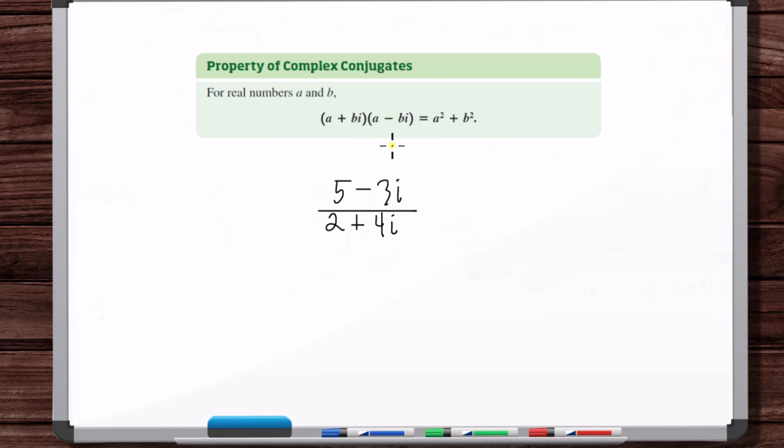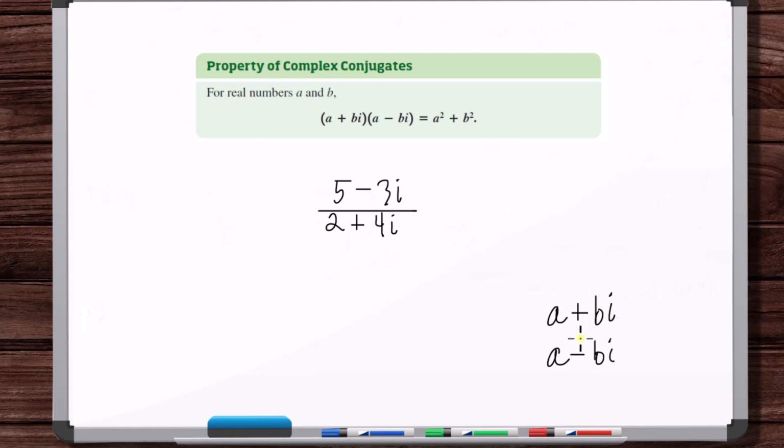All we're going to do is take advantage of the fact that if you multiply two complex conjugates, where you've got a plus bi, and the conjugate of that is a minus bi, you just change the sign in the middle. You don't touch the sign out front of the a. All you do is change the sign between the real part and the imaginary part.